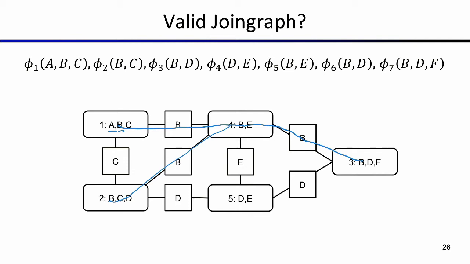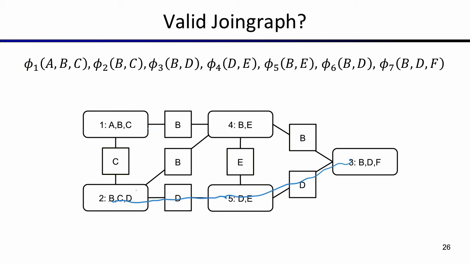For c, let me erase this and look at the variables of c and see where c is occurring. So c is occurring here and here and here. So again, we have a tree with just these two clusters and the separator. In the case of d, we have d here, here, here, here, and here, and that's all, right?